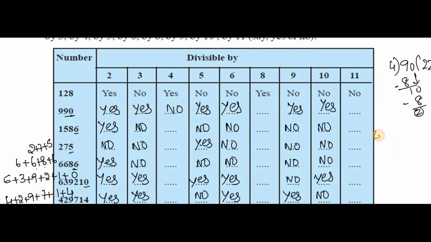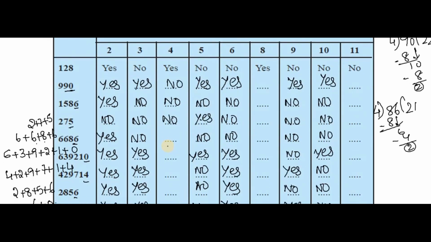Now 86. 4 twos are 8, whereas here it is 6. In the 4 table 6 will not come. 75, it will not come in the 4 table. 86 we already checked. 10 also will not come. 14 also will not come. 56 we will see. 4 fours are 16.